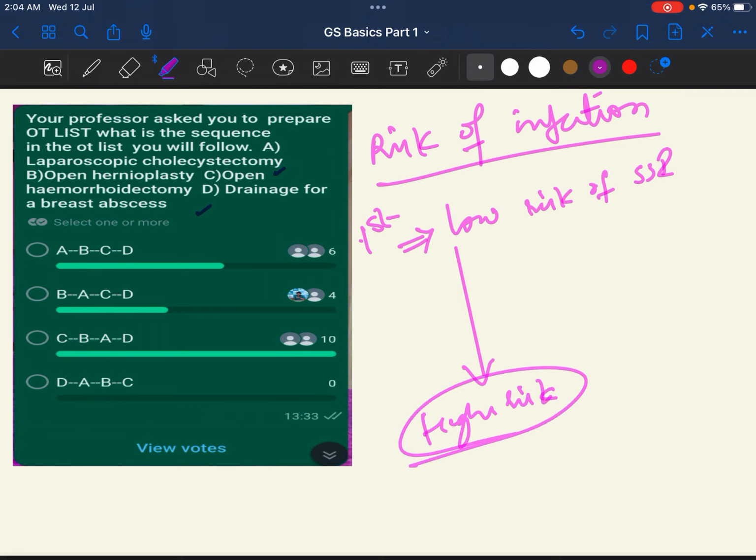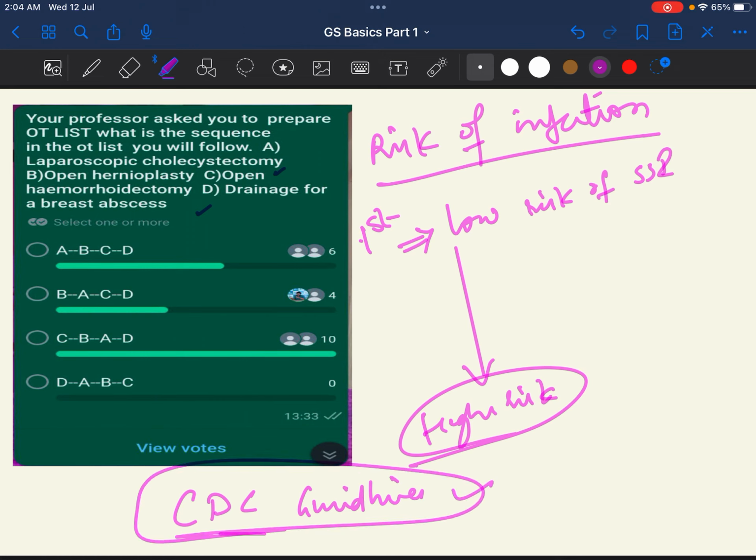So who will help us to prioritize this? The Centers for Disease Control guidelines will help us to categorize and prioritize the 4 surgeries in this list.